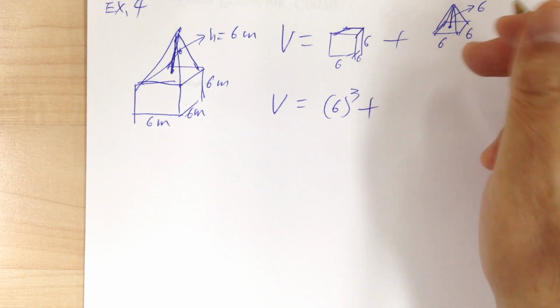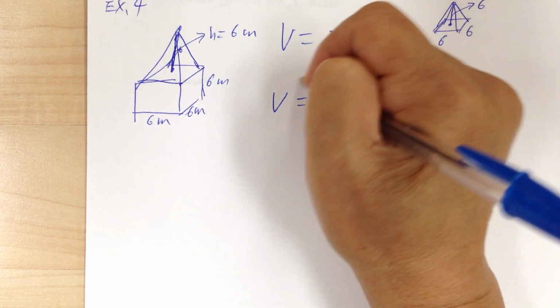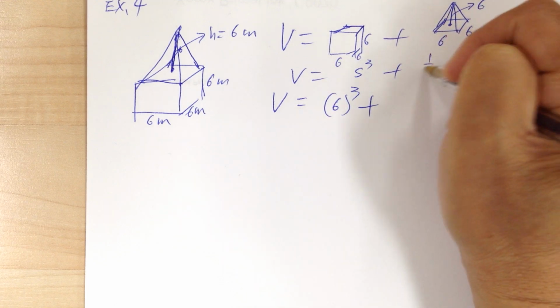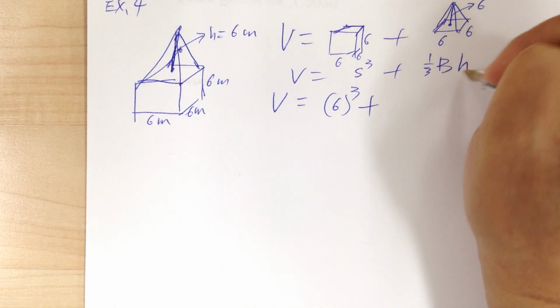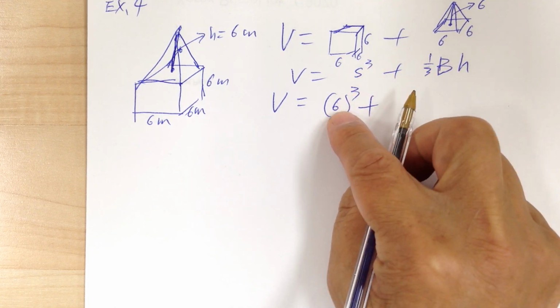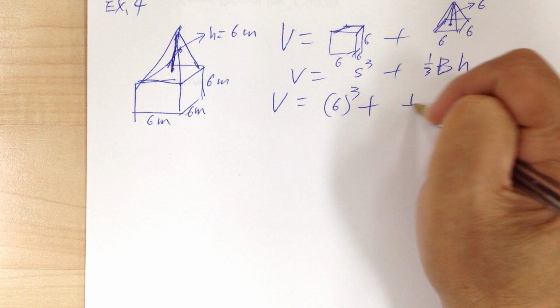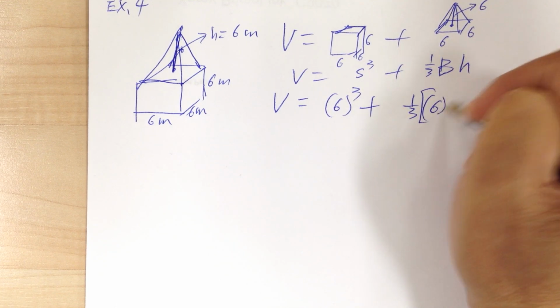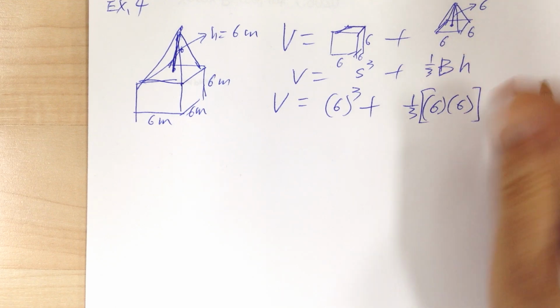So the pyramid volume equals the cube plus 1/3 base area times height. Let's write down the formula. It'd be 6 to the 3 power plus 1/3 times the base area, which is 6 times 6. Again, whatever you substitute, put in parentheses.